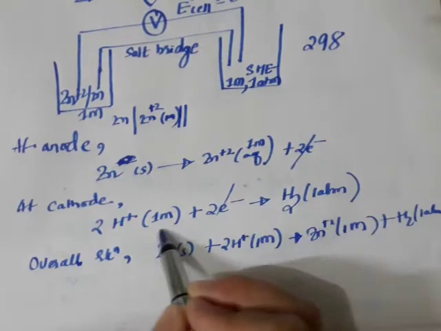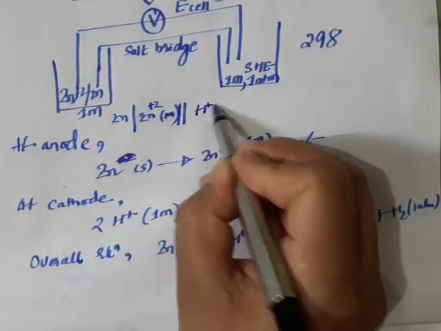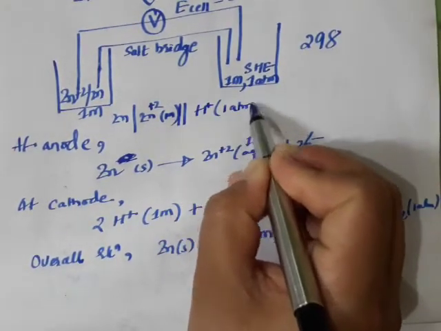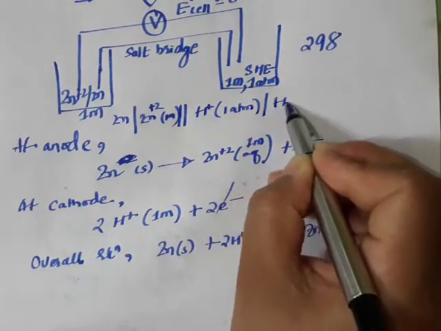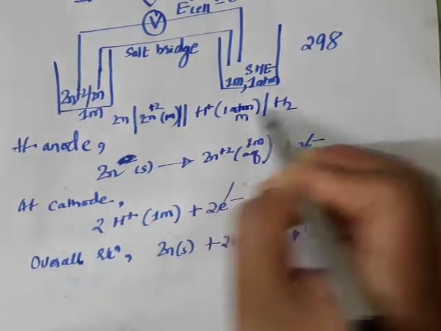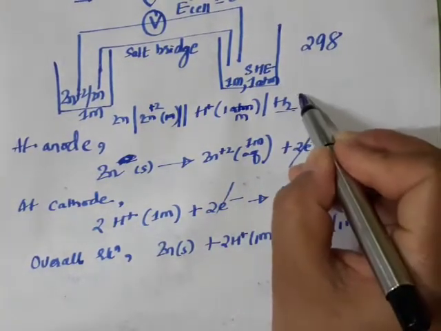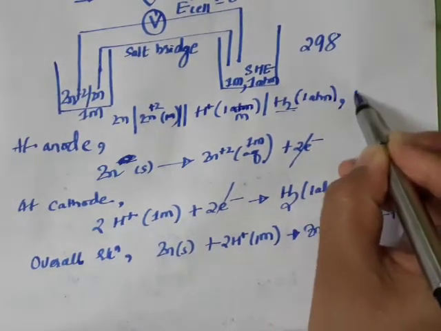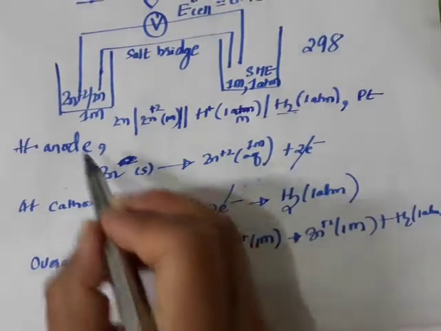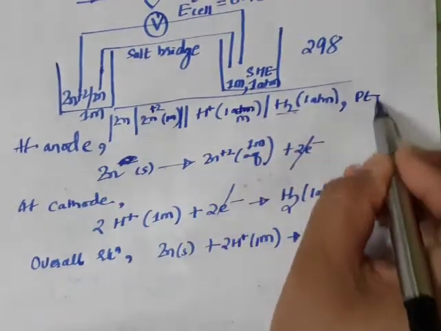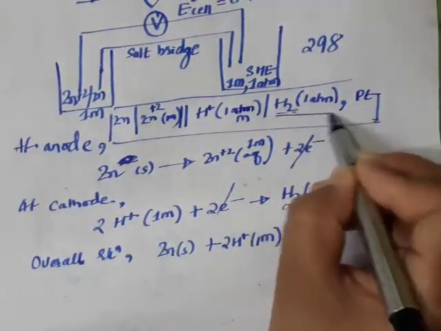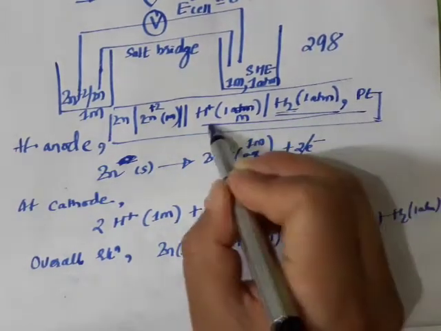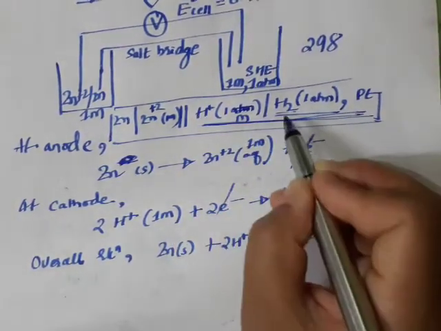The change there is hydrogen ion, 1 molar, changing to hydrogen gas, 1 atmosphere, with platinum as a catalyst. So this is the representation of the cell, or the representation of your SHE when it acts as a cathode.